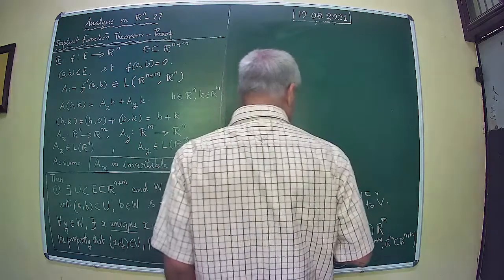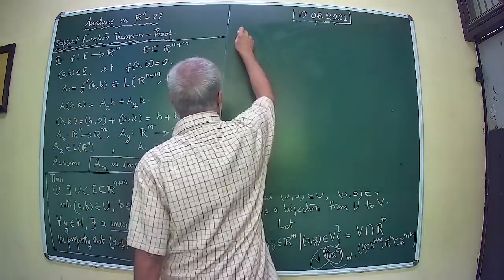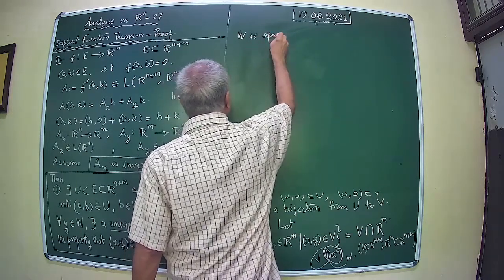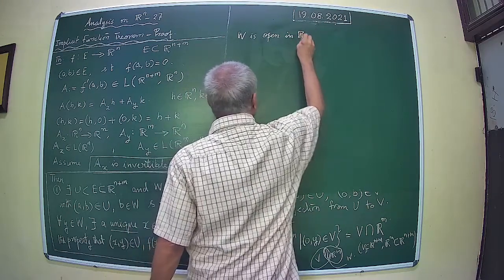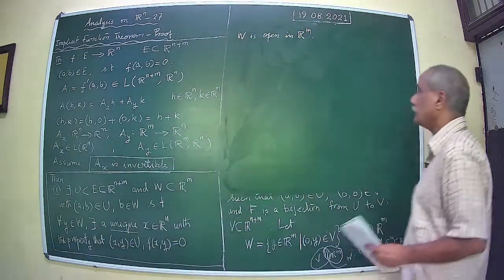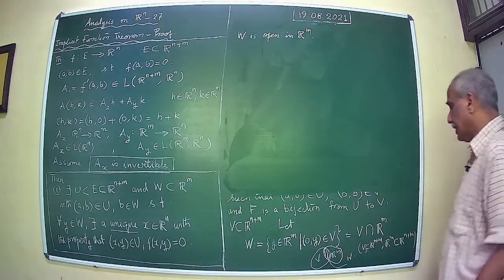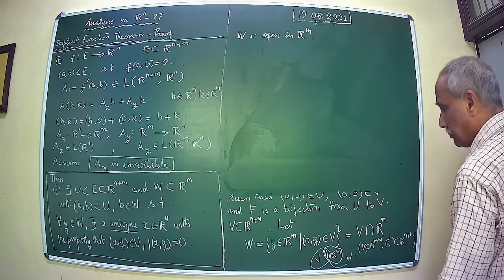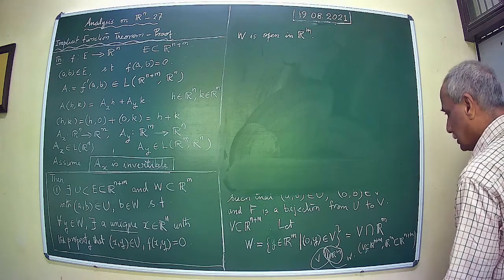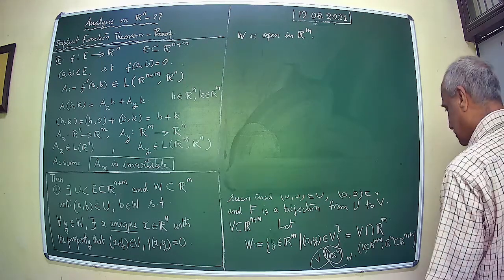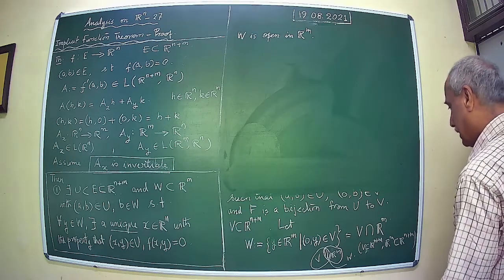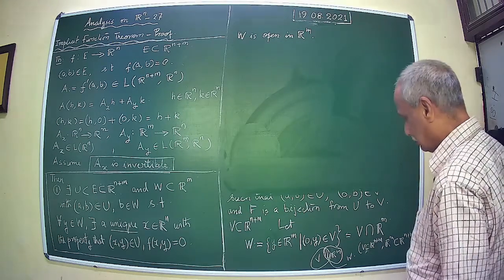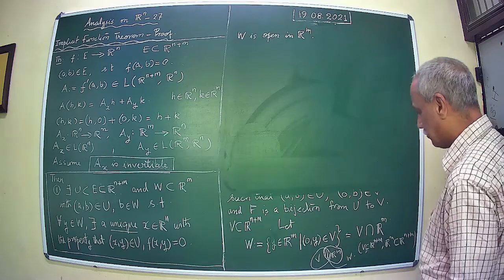Now you see that W is open, that is because you look at V is open in Rn plus M, and Rm is not open in Rn plus M. Okay, so you are taking the intersection of that with Rm, and Rm is open in Rm itself, and this intersection is a subset of Rm.